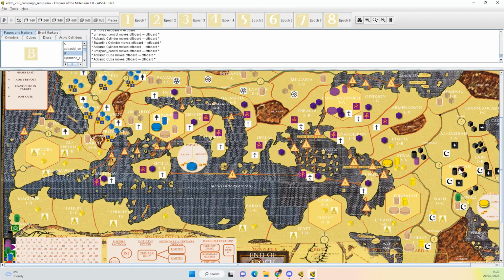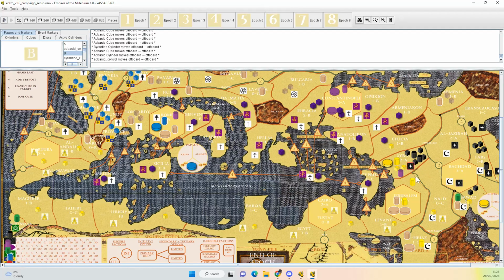If the Abbasids were to march in another piece, still uncontrolled, because the Abbasids have 4, the Umayyads have 4, and the Byzantines have 1. So that one Byzantine piece is holding things up now, right? And then if the Abbasids march in a 5th piece, they still don't have control because we've got 5 on each side. And then if they were to march in the 6th piece, they finally control Syria.